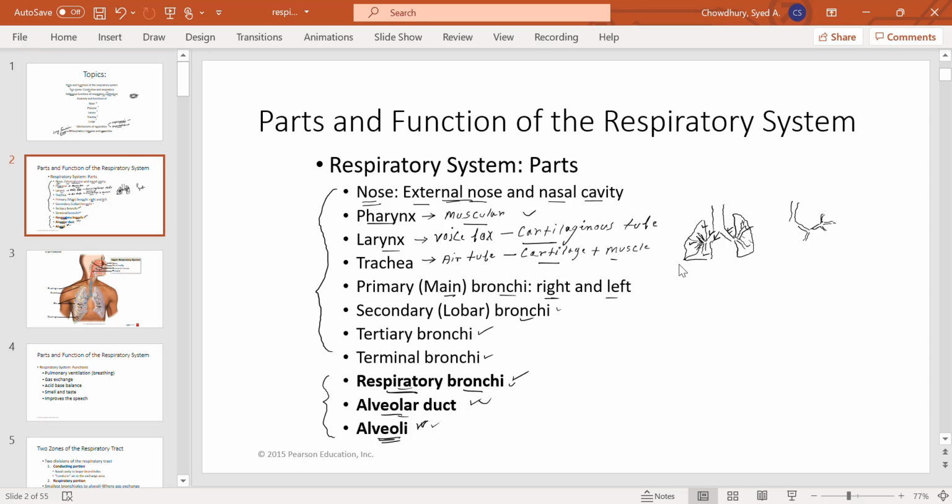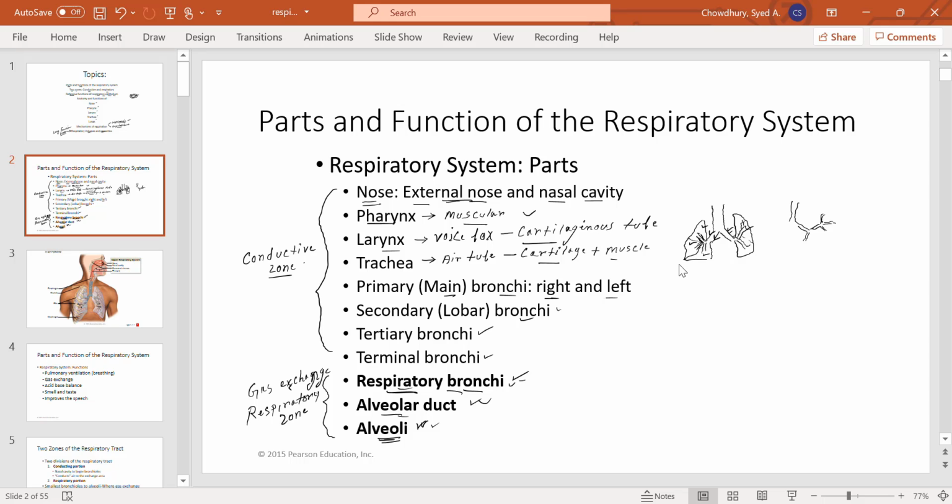That's why these structures together are called the conductive or conduction zone. Makes sense? Only to take the air inwards, and then through the wall of these last three structures, gas exchange takes place. That's why these belong to the gas exchange or respiratory zone. Makes sense?